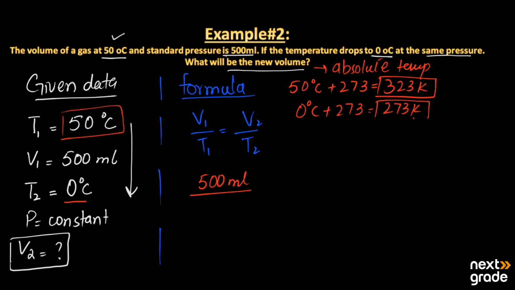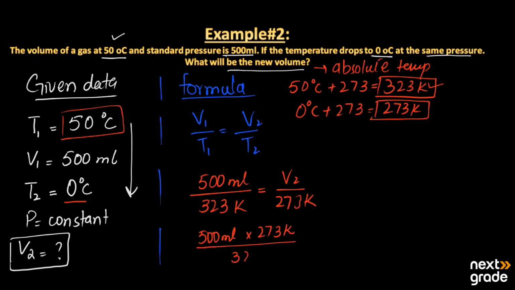Now we use this Kelvin scale of temperature. 500 ml, the temperature T1 is 323 Kelvin, equal to volume V2 that we need to find, divided by the temperature T2, which is 273 Kelvin. By rearranging this, we get 500 ml multiplied by 273 Kelvin divided by 323 Kelvin.